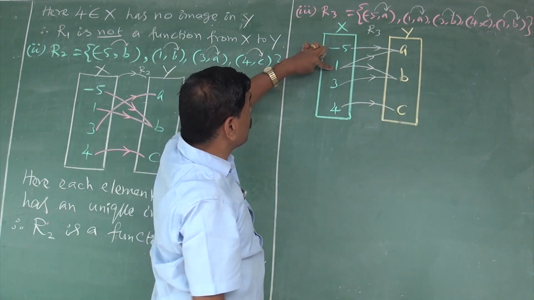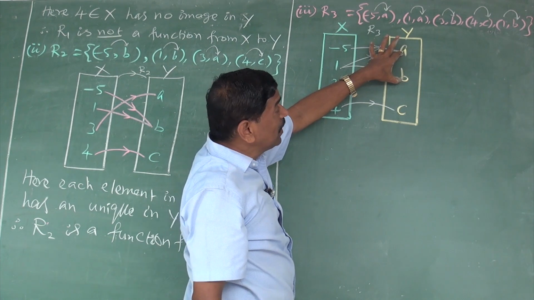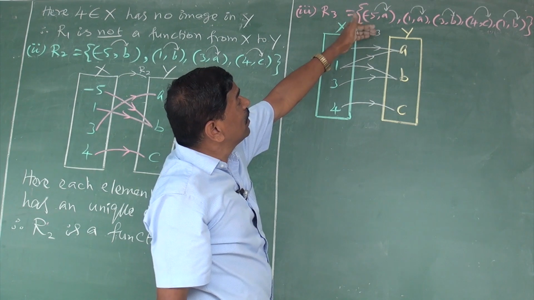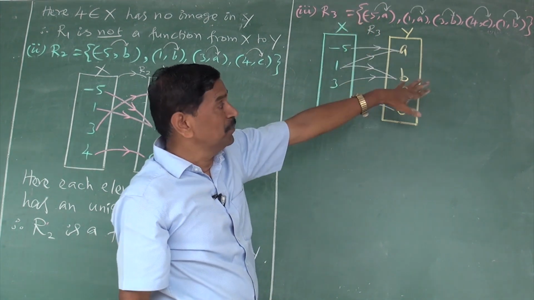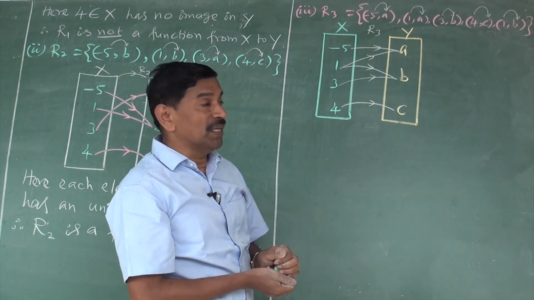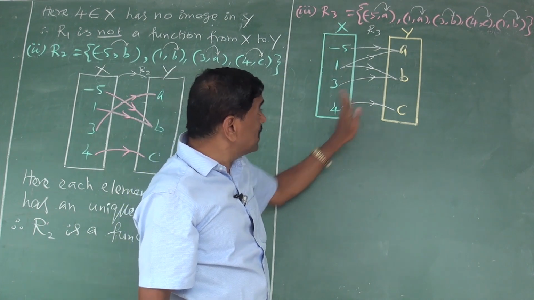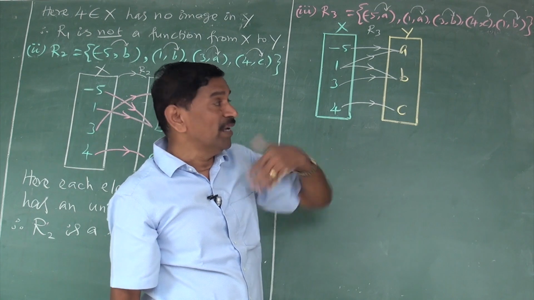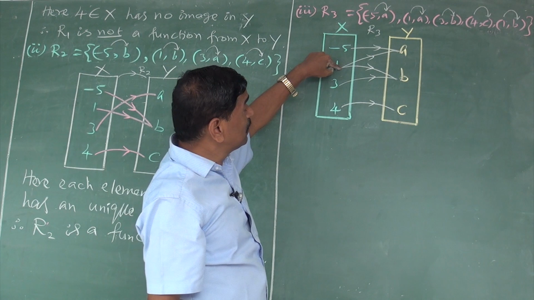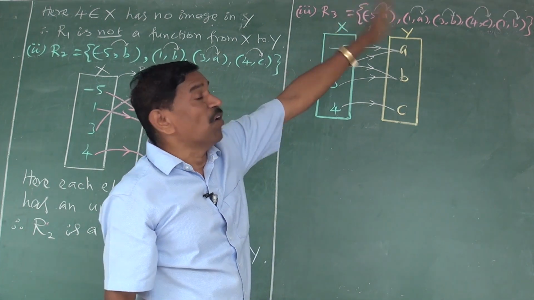But the element 1 belonging to X has two images, A belongs to Y and B belongs to Y. Therefore, R3 is not a function from X to Y. To say not a function, there exist two ideas. If at least one element in X has no image in Y, then it is not a function. Next, if one element has two or more images, it is not a function.